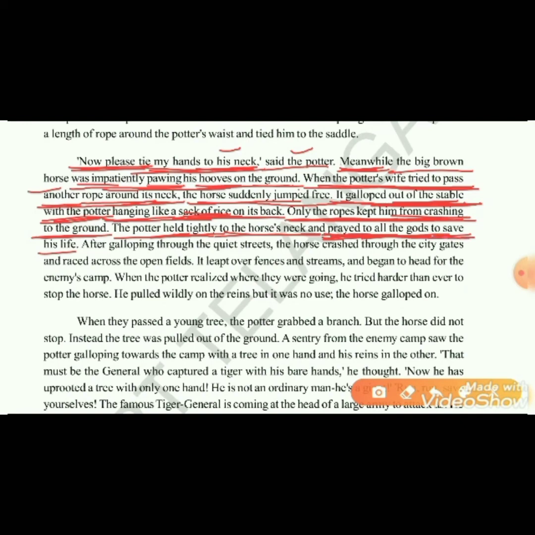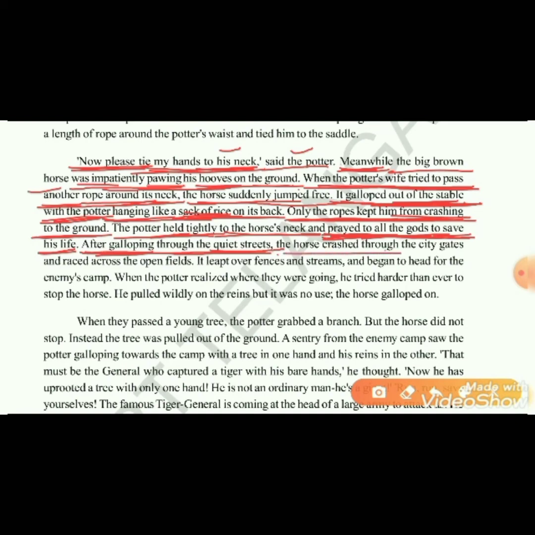So, how is the scene, my dear children? Is it not fun? Of course, it is fun. The potter was not able to fall from the horse. Why? Because he was tied with ropes. How was the potter sitting on the horse? Hanging like a rice bag.